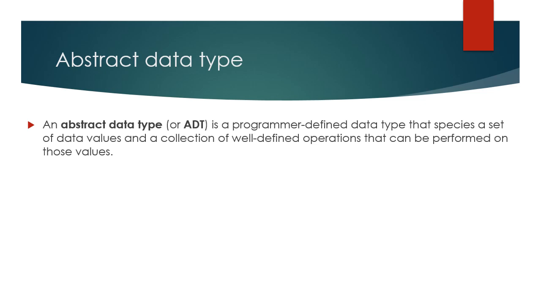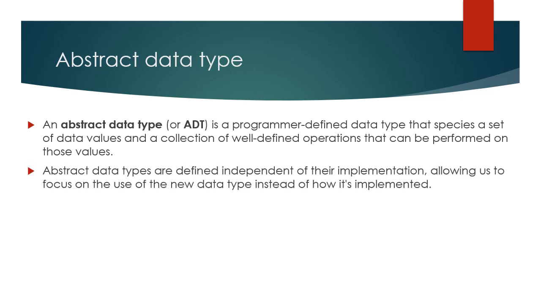Abstract data type. An abstract data type or ADT is a programmer-defined data type that specifies a set of data values and a collection of well-defined operations that can be performed on those values.